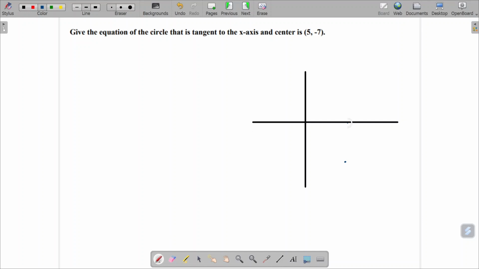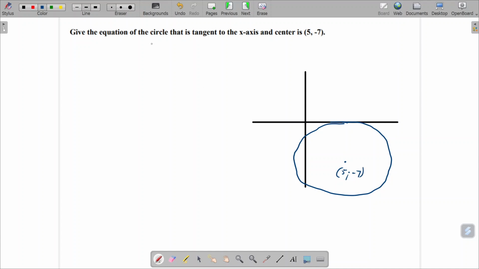In other words, it is just touching the x-axis. So we are going to have a graph that does something along those lines. Sorry, it's not my best circle. We know that the center is at (5; -7).